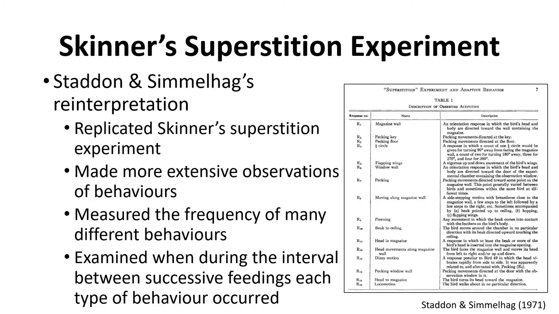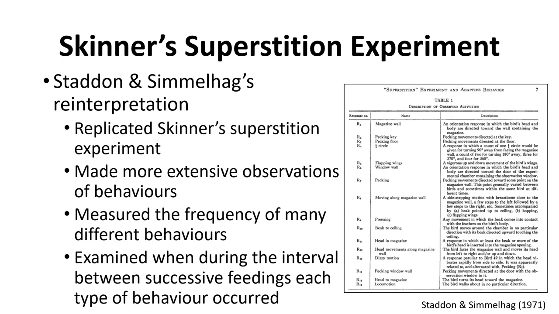And of course, this was a very hot topic for a while, and eventually somebody wanted to try and replicate it. They wanted to figure out what exactly is going on here. So in the 70s, Staddon and Simmelhag decided to reinterpret and try and replicate Skinner's superstition experiment. They wanted to do sort of the same thing, but more extensively.